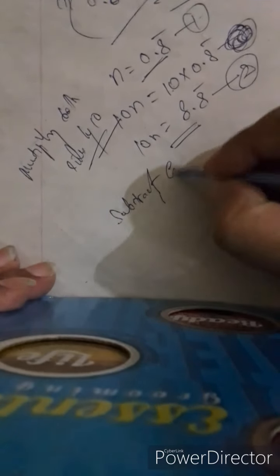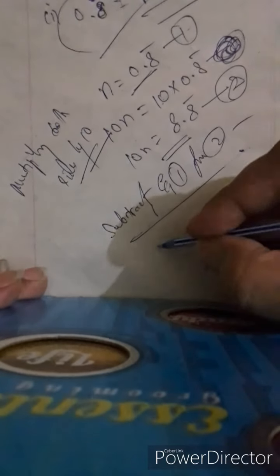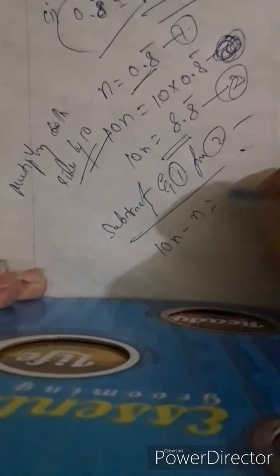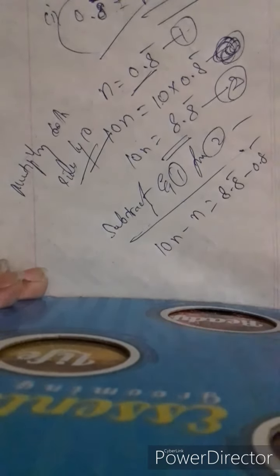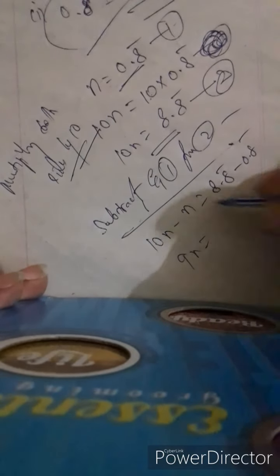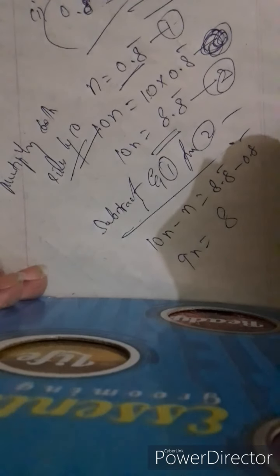All right, so subtracting equation 1 from 2, what do we get? 10n minus n equals 8.8 bar minus 0.8 bar. So 9n equals 8, because 8.8 bar minus 0.8 bar becomes 8.